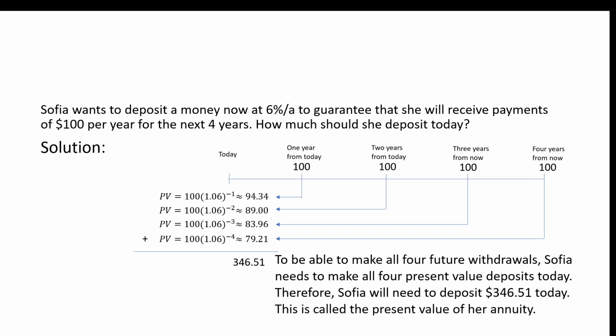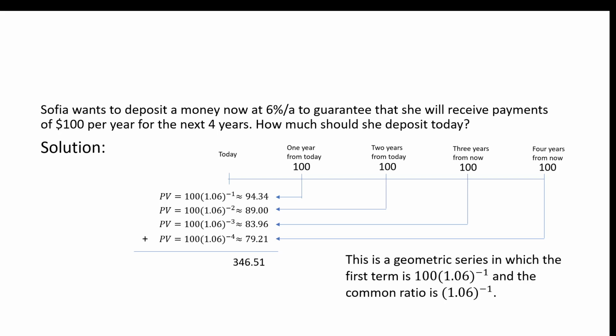Now, we would like to come up with a formula so that in more complicated situations, we don't have to do so much math. What we recognize right away is that we have a geometric series where the first term is 100 times 1.06 to the negative 1, and each subsequent term is simply equal to the prior term times 1.06 to the negative 1.